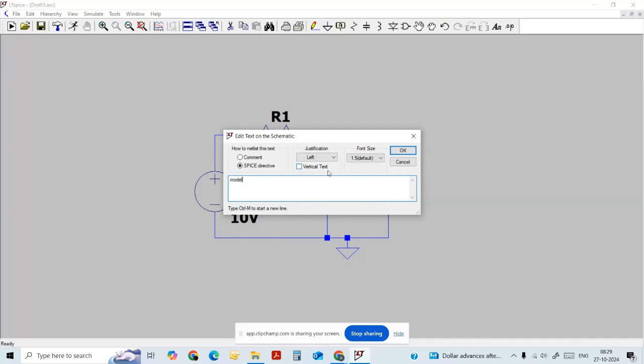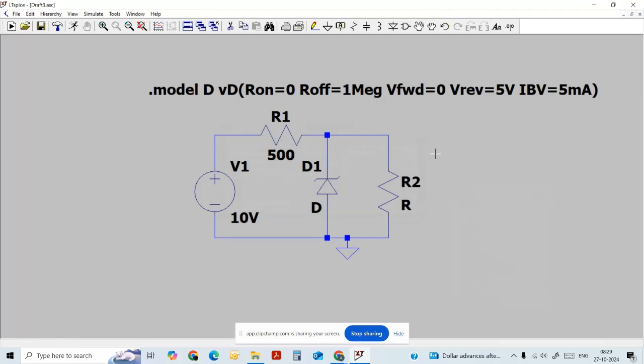Dot model D: resistor on is equal to 0 ohm, and when it is off is equal to 1 meg, voltage forward is equal to 0, voltage reverse is equal to the Zener breakdown voltage VZ is equal to 5 volt, and the IZM maximum breakdown current is equal to 5 milliamps. Let us calculate one by one.